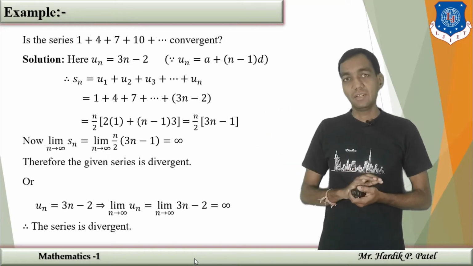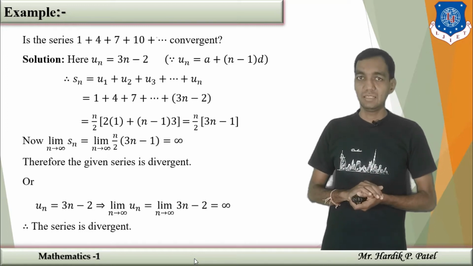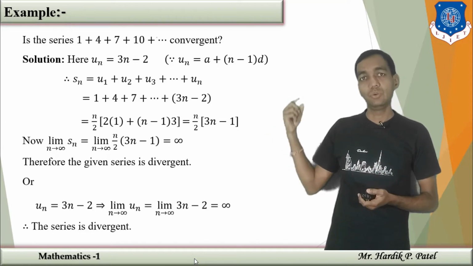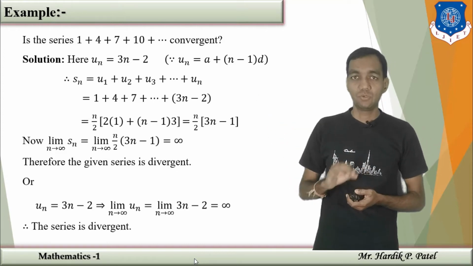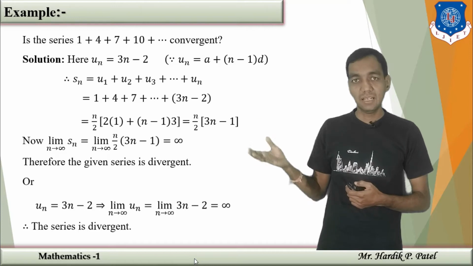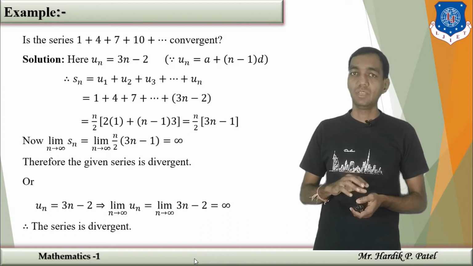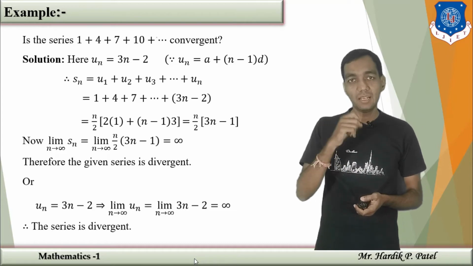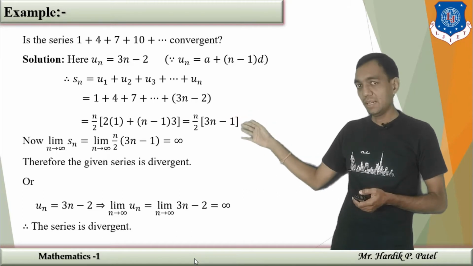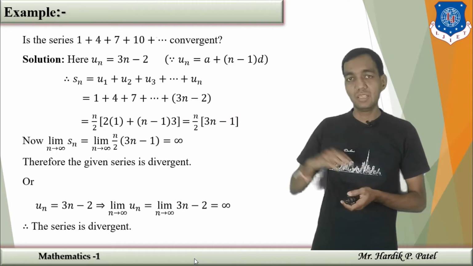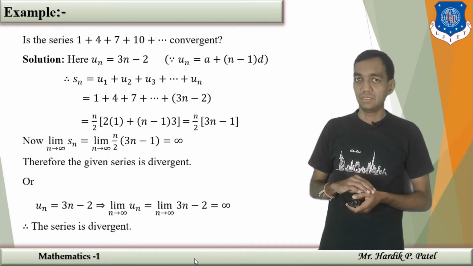You are already aware that the sum of the first n terms of an arithmetic series is n by 2 into 2a plus n minus 1 times d. So a is 1, d is 3, put all values, that will give n by 2 into 3n minus 1. If you apply the limit to Sn, then it will be infinite. And since it is infinite, by our original definition of convergent and divergent, the series is divergent.